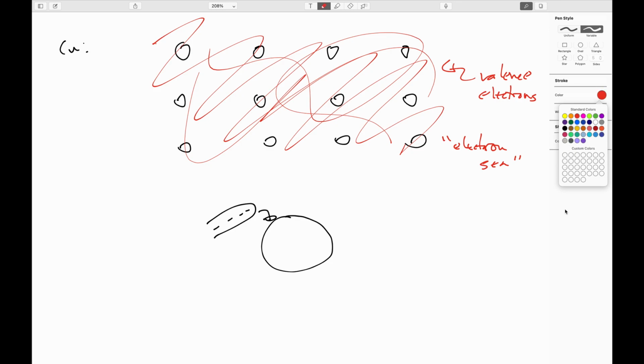And since all of the valence electrons are shared in common, what would happen now is that the electron cloud would actually get slightly bigger than the object. And so you would end up with a net negative charge on the outside.